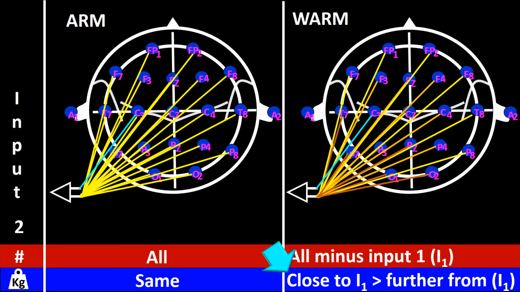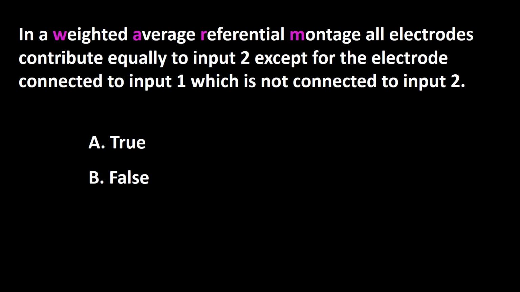The electrodes entering input 2 that are closer to the electrode entering through input 1 weigh more than those further from it when determining the average potential. So the answer to this question is false.